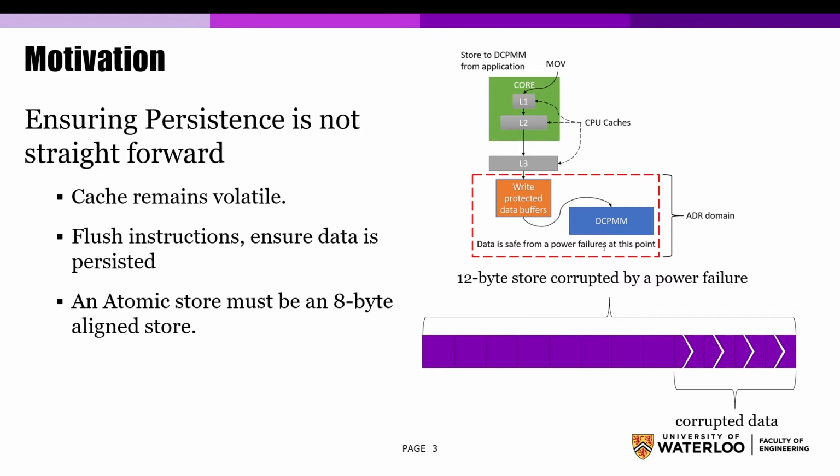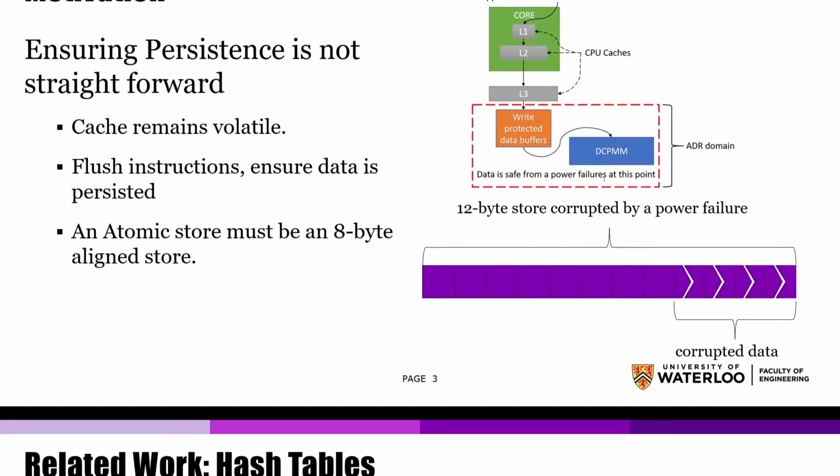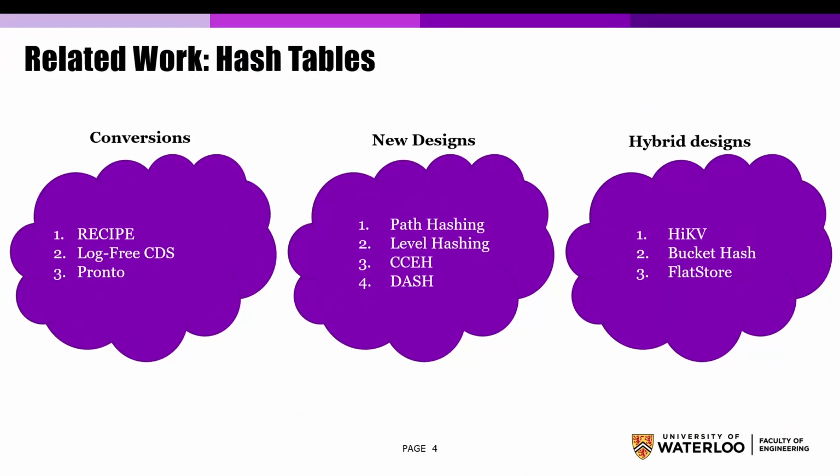Before talking about our implementation, let's briefly describe some of the related work. We divide the related work into 3 approaches. The conversion approach, where a DRAM implementation is adapted to work with persistent memory, but at the same time it does not take into consideration the hardware characteristics of persistent memory.